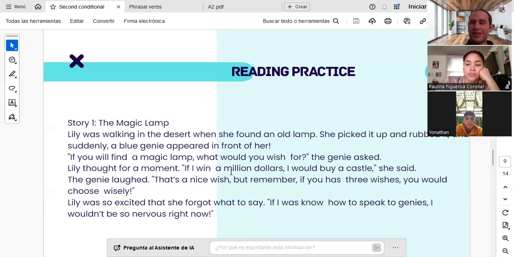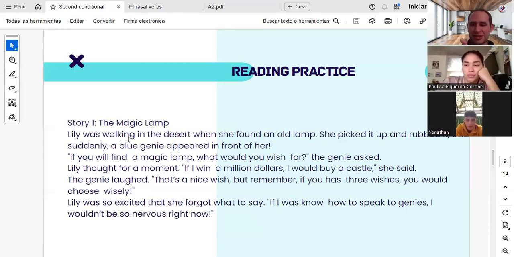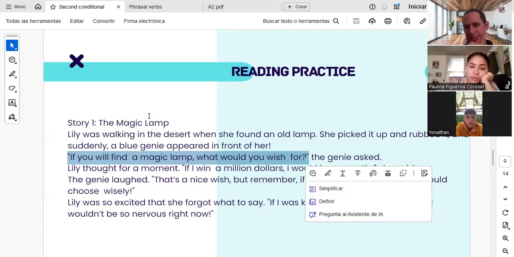Okay. Could you identify the mistakes in this short story? Lily was walking in a desert. Focus on the conditional sentences, right? Like, if you would find a magic lamp. Which is the mistake here?